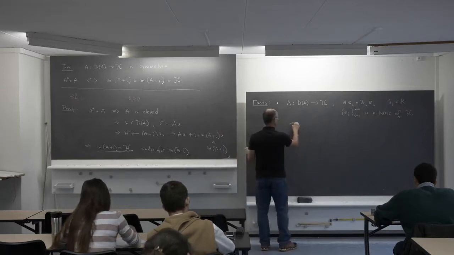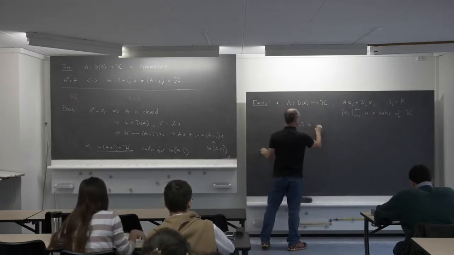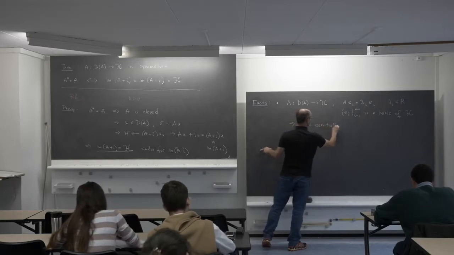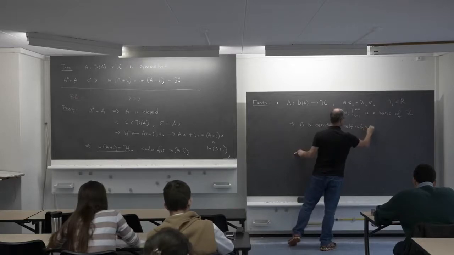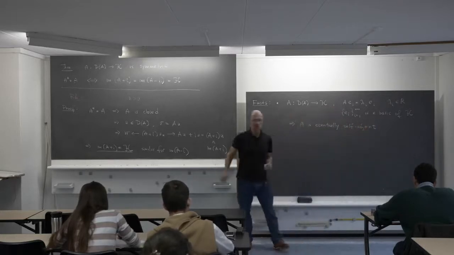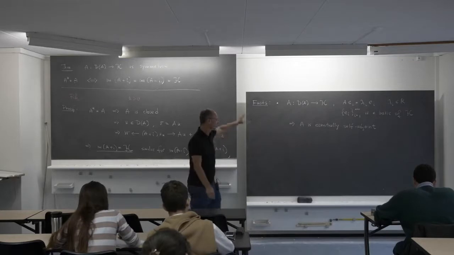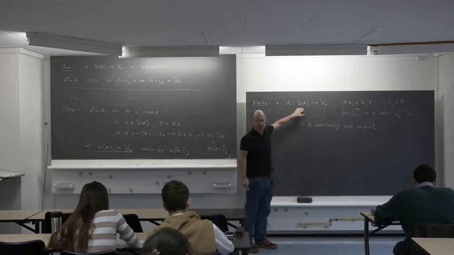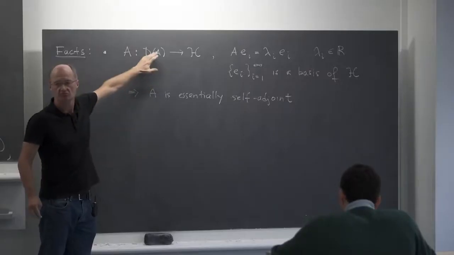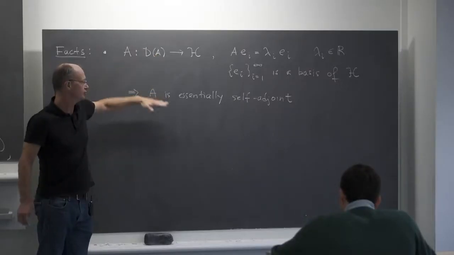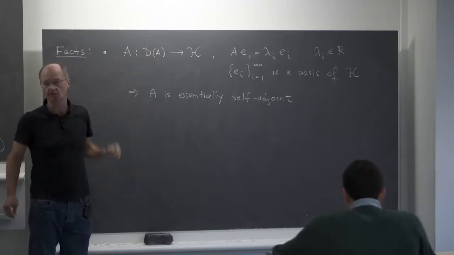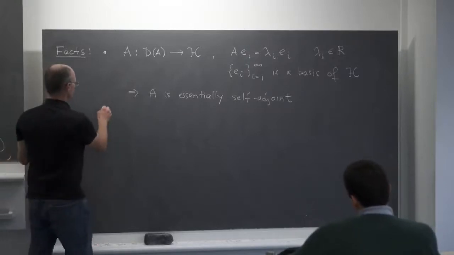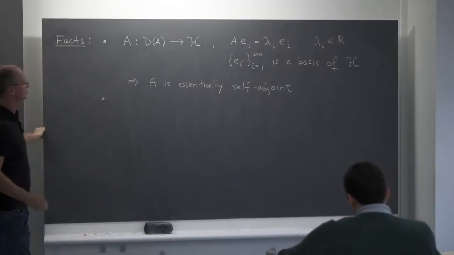So then A is essentially self-adjoint. So this means that you can relatively easily correct the domain. You can, if needed, make the domain a little bit bigger, and then A will be self-adjoint on that domain. And that you can do in a unique way. So there is a unique self-adjoint extension.